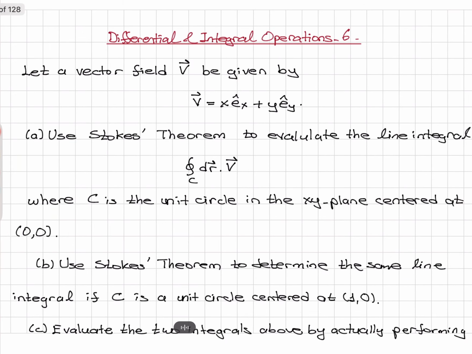Okay, so in this problem, we have a vector field V given by x hat plus y hat. Using Stokes' theorem, we want to evaluate the closed path integral dr dot V on the path, which is a unit circle centered at 0, 0 or 1, 0.